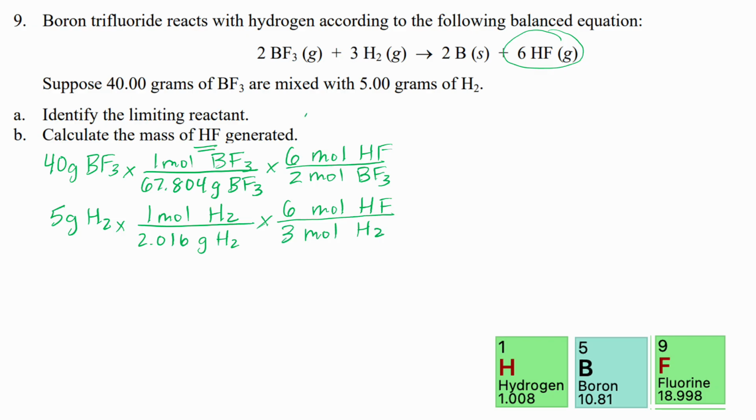Now, since B is asking for mass of HF, I'm just going to take this one step further and solve for mass now so I don't have to go back. And I know 1 mole of HF is equal to the molar mass of HF. So fluorine is 18.998 plus hydrogen 1.008. So that gives me 20.006 grams of HF.